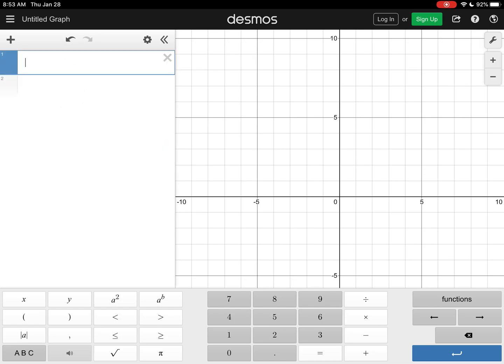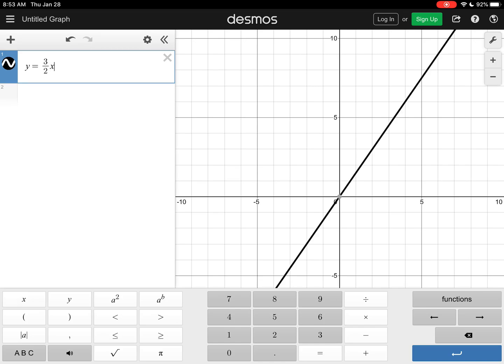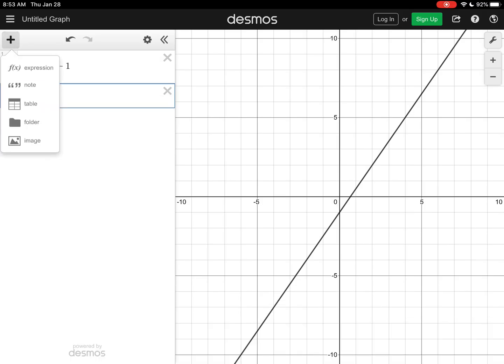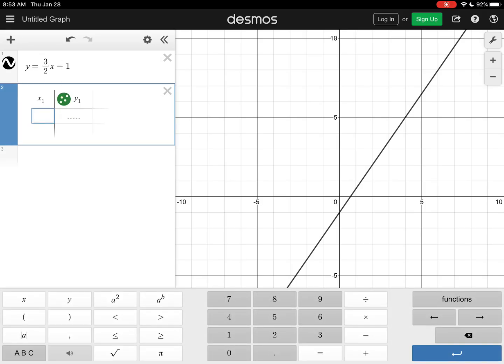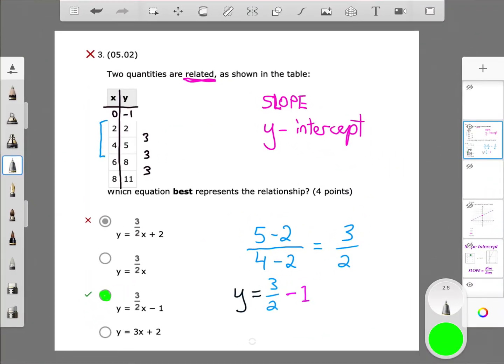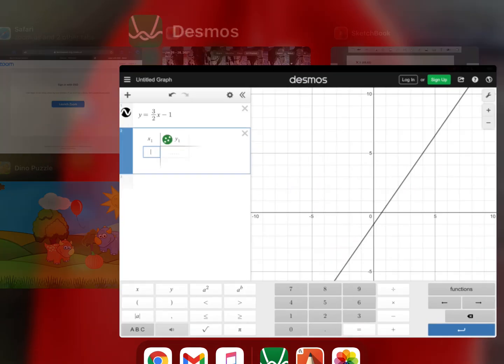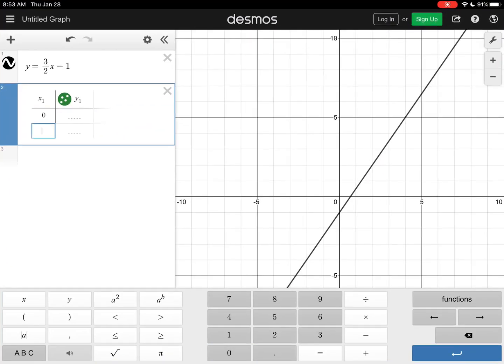So we'll switch over to Desmos and we'll drop in our equation. y is the same as 3 divided by 2 times x minus 1. That's what that line looks like. And we can drop in a table of points to double check and see. On the x, we have a pattern of 2. So 0, 2, 4, 6.